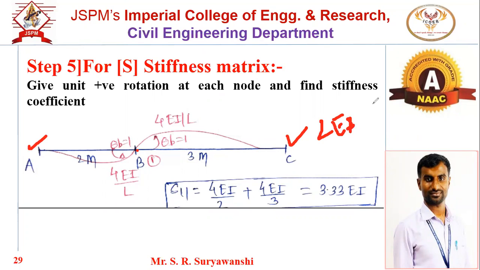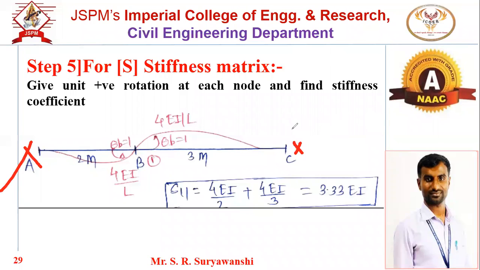But here, no need to write that moment at A and C. Why? Because ADL and the stiffness matrix, all the elements we have to find out at these nodes only. The points which have numbers or nodes, only at those nodes do we have to find the moment or force. At A there is no node, and at C no node, so no need to find the moment there.